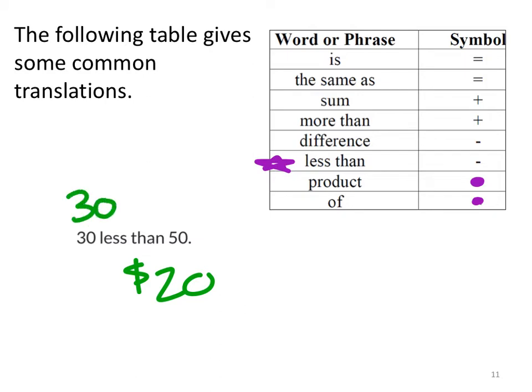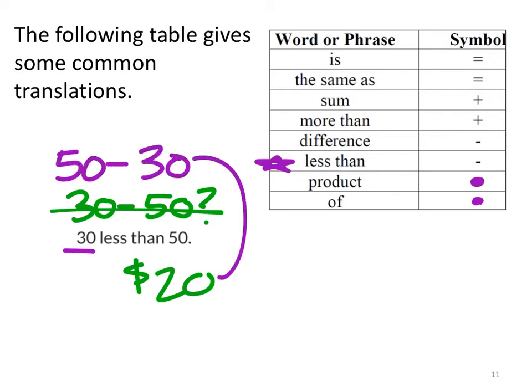But does it come out as 30 minus 50? And the answer to that is no. It's not 30 minus 50. When it's something less than the other, generally the first number actually comes second in that problem. So it ends up being 50 minus 30, which is why we get 20 out of that, okay? So if you see less than, just be careful with it because it reverses the order of the numbers.